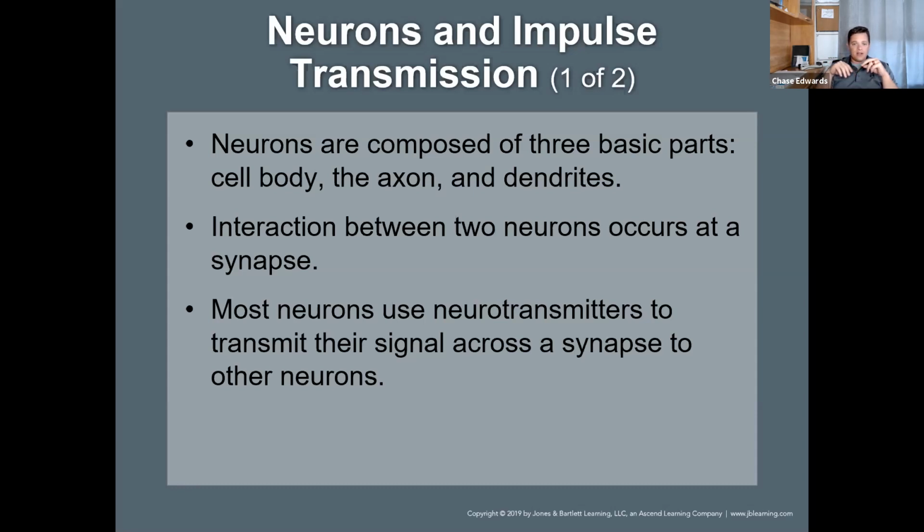It connects to the next cell via chemicals called neurotransmitters. Most neurons use neurotransmitters to transmit their signal across the synapse to other neurons. That's how they communicate.